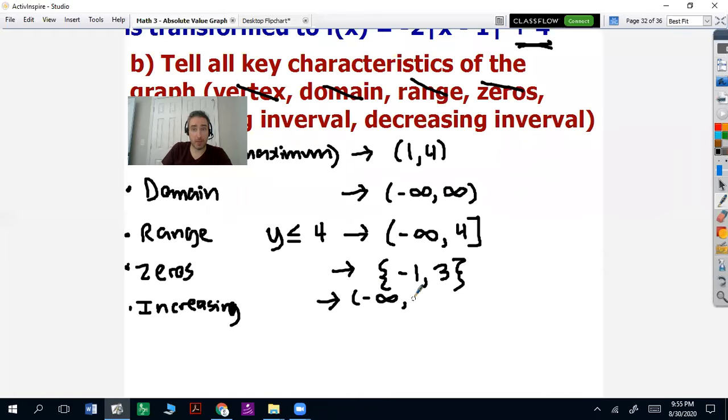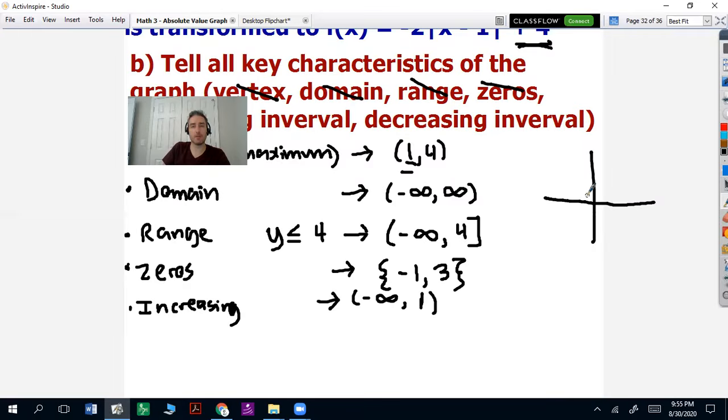It's going to be increasing from negative infinity to 1. And think about the vertex as that cutoff point, okay? Remember, the vertex is going to be at 1, 4, and it's going down here. So it's increasing until it hits 1, and then it's decreasing from 1 onward.